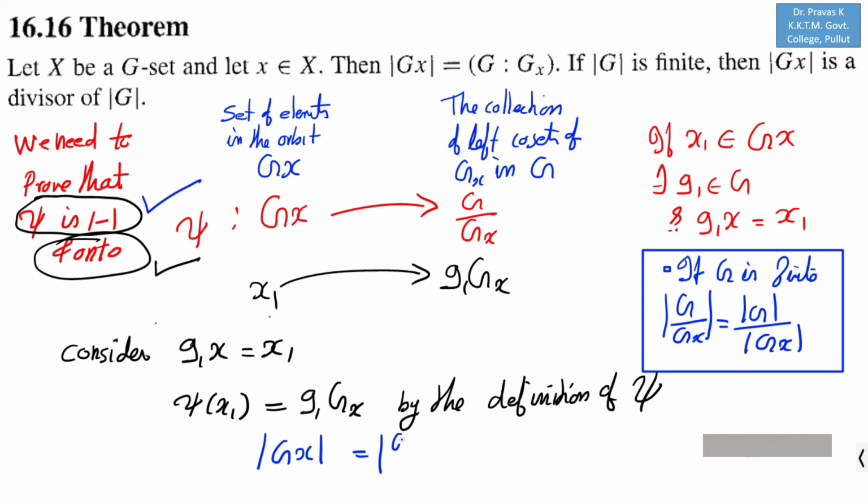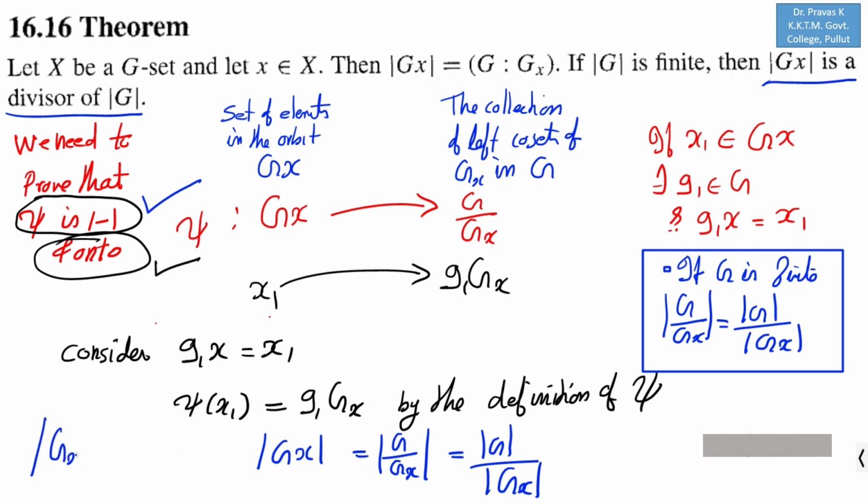Thus we have the order of the orbit Gx is equal to order of G over order of the group Gx. Thus we can claim that order of the orbit Gx is a divisor of order of G, since you can write the previous equation as order of the group G suffix x is equal to order of G over order of the orbit Gx, and that must be an integer that we know.